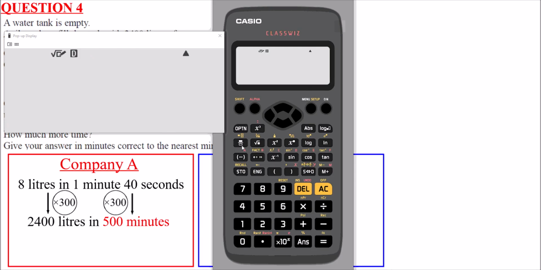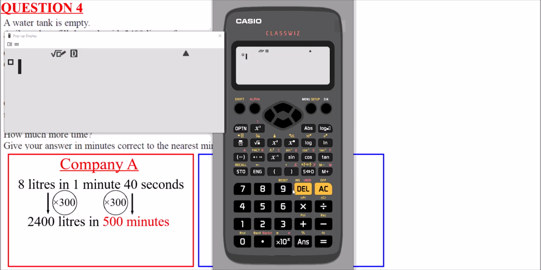Now, to have got it in terms of minutes straight away, there's two things we could have done. We could have used the mixed number function on the calculator. Press Shift and the fraction button. 1 minute and 40/60ths of an extra minute multiplied by 300 gets us to where we need. And also these buttons here are essentially used for hours, minutes and seconds.